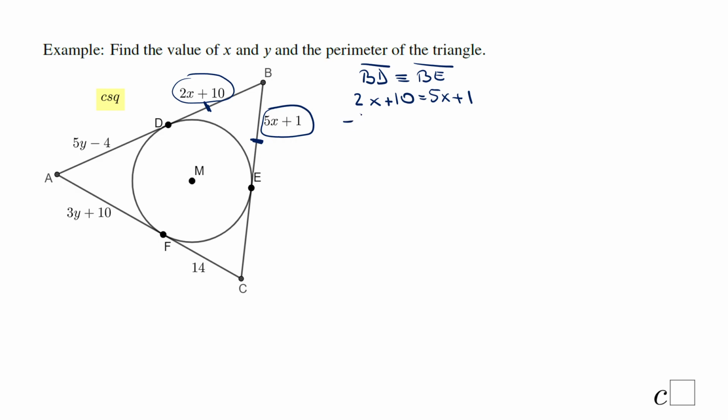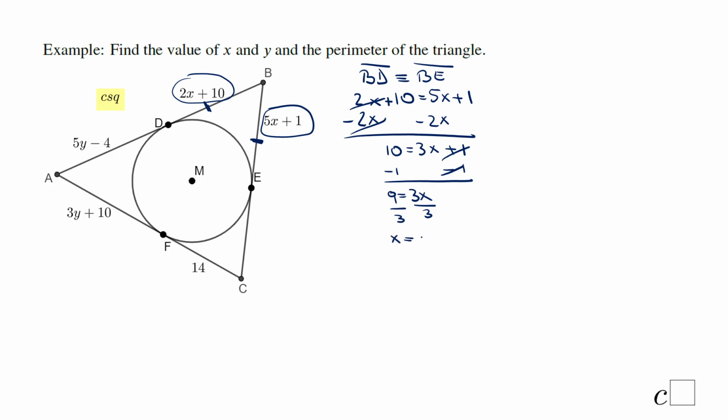I'm going to subtract 2x, and I have 10 equals 3x plus 1. Subtract 1 on both sides, and we have 9 equals 3x. Divide by 3. We have x equals 3.